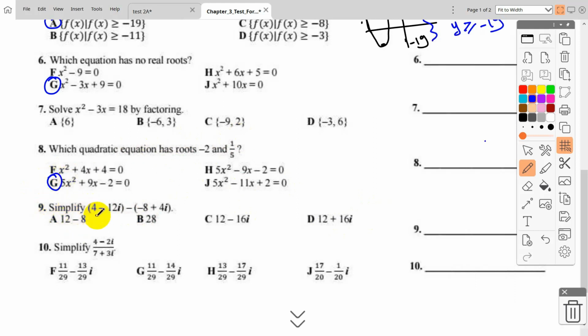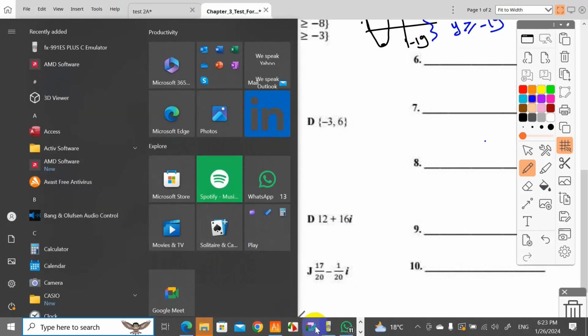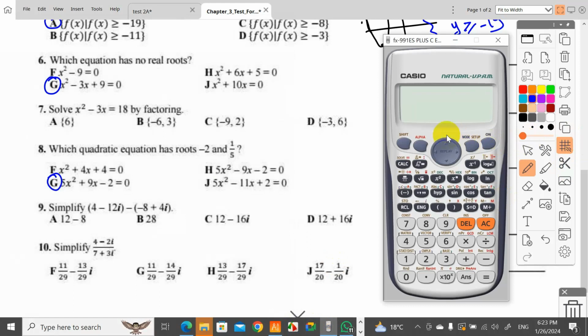Question 9, simplify this complex expression, so we can perform it using our calculator like this. First, remember to go to mode, then 2. So now this is the complex mode.